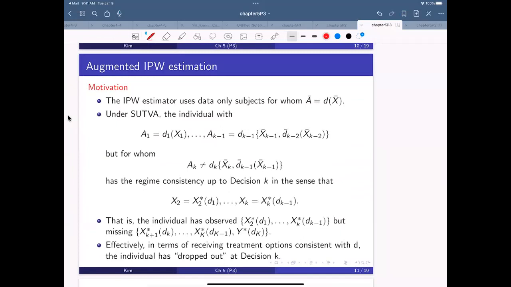We want to improve the IPW estimator using projection and augmentation. That's exactly similar to what we did for K equal to 1. So here's the observation. Suppose K equals 10, and you have 10 visits.